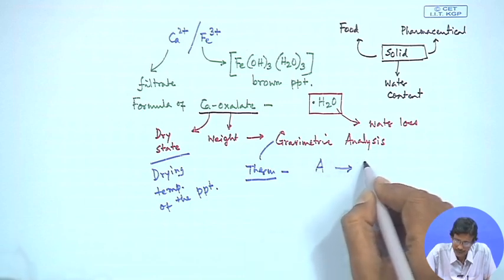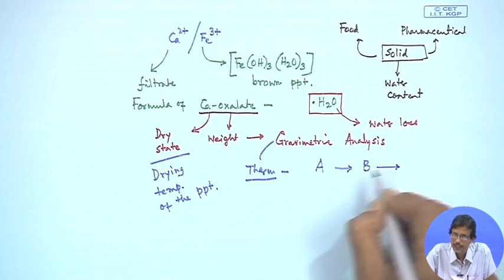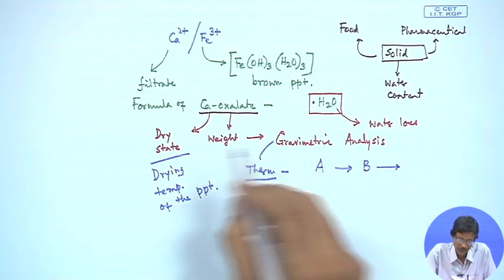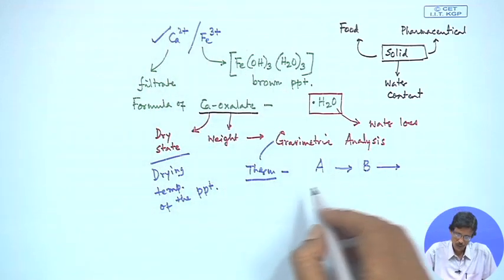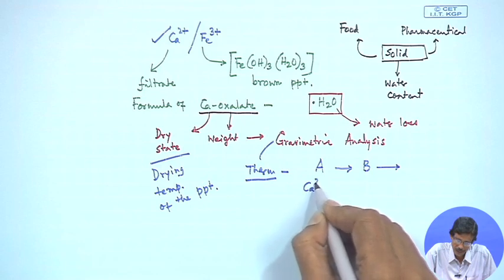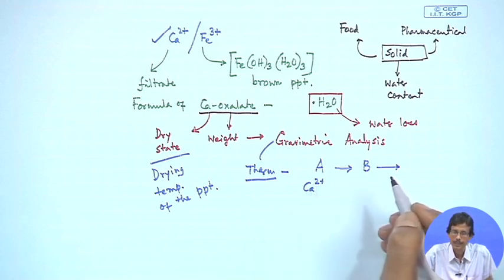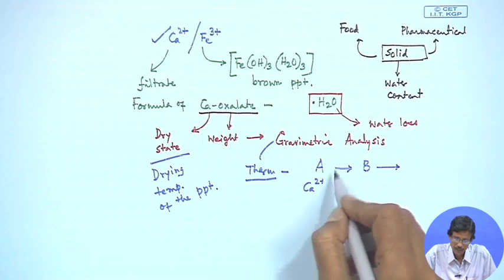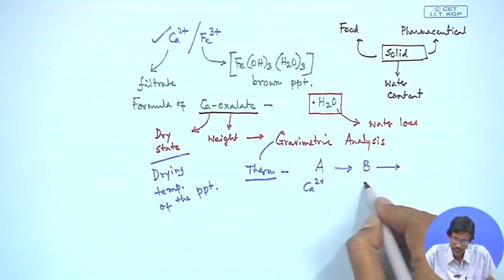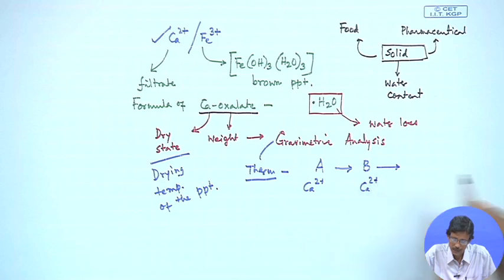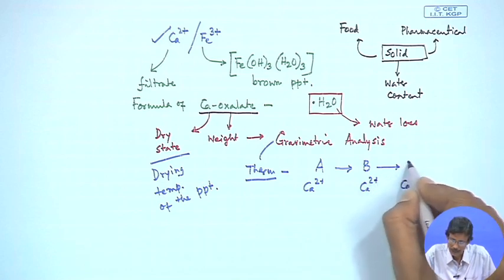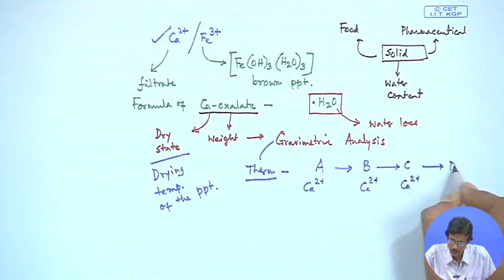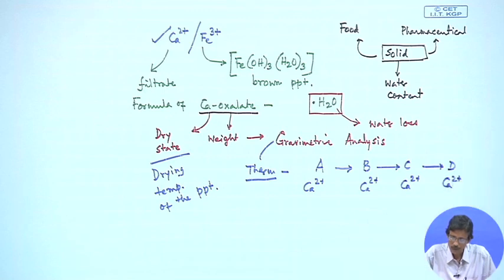So, if A is there and with temperature it is converting to B, and since in all these cases we are talking about calcium, if we have a compound which bears calcium 2 plus, a calcium bearing species, then that can be converted to another species, then it can go to another third species, or it can go to the last one, which is another one based on calcium 2 plus.